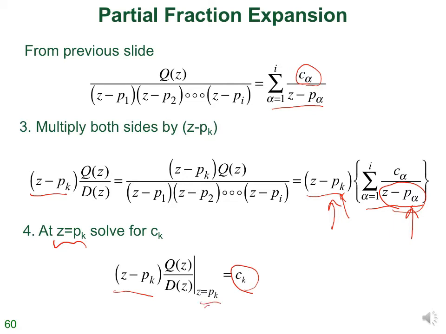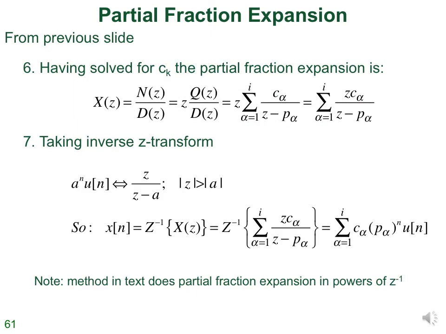So once you solve for those c_k's using that technique, then we can go back to the original definition for X(z) and bring in the factor of z that we canceled on both sides originally. And so each of these are going to have the form of a first order pole.